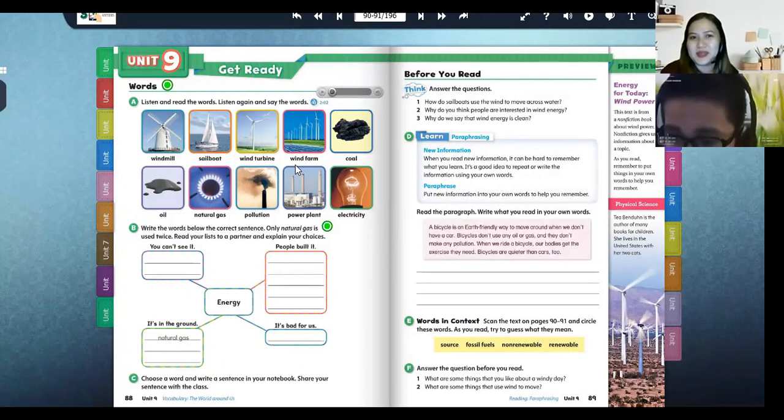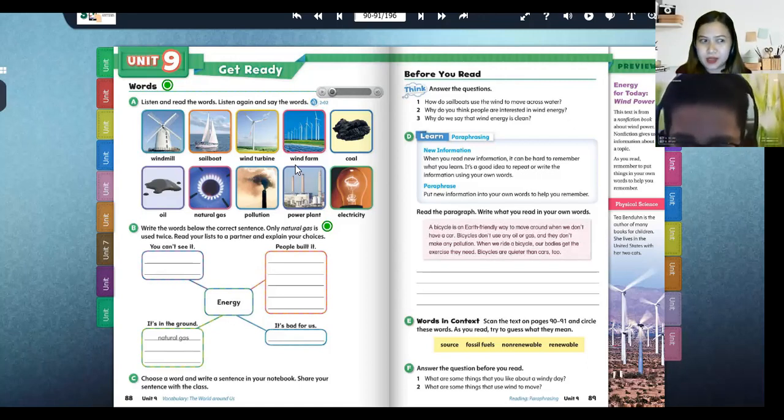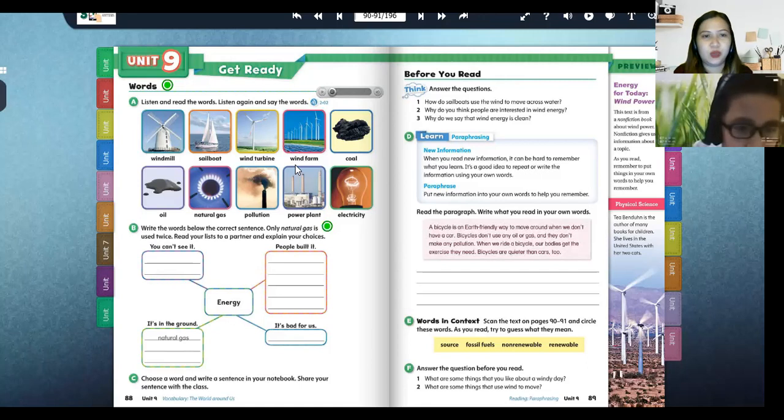So again, when we say renewable energy, Vivu, what does it mean? It's good for nature. It's good for our environment. How about non-renewable? It's not good, because it causes pollution.